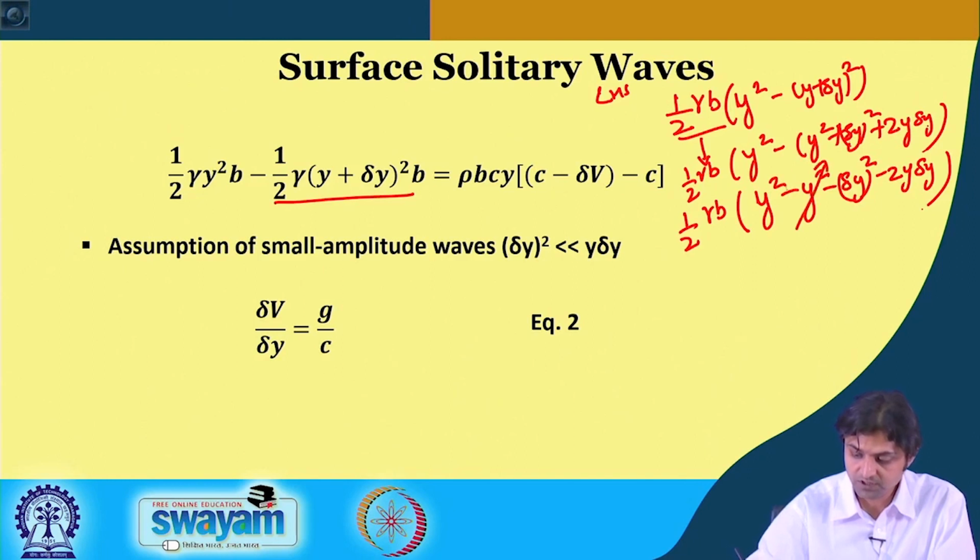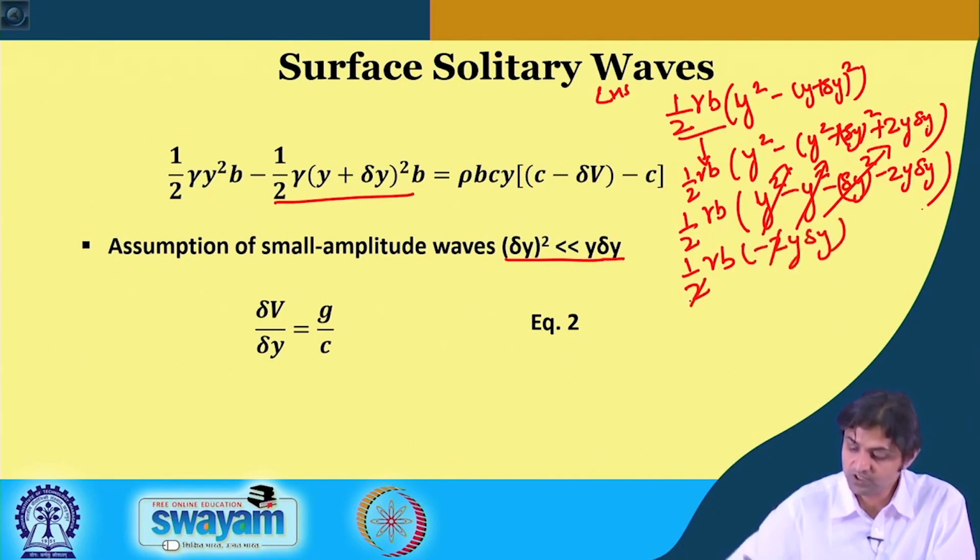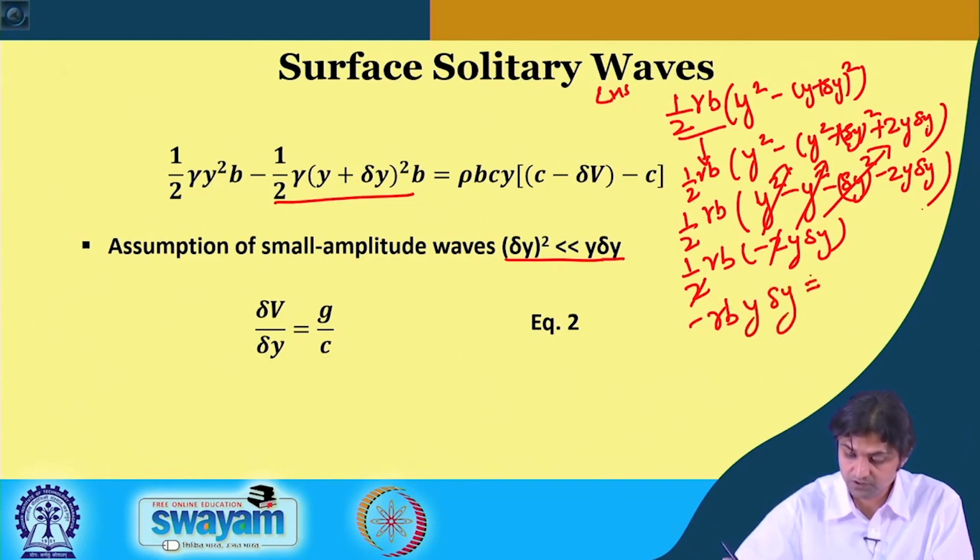The y square and y square get cancelled, and using this approximation we can take delta y square out as well. So, it will be half gamma b multiplied by minus 2 y delta y, the 2 gets cancelled, and it is minus gamma b y delta y, which is equal to the right hand side.